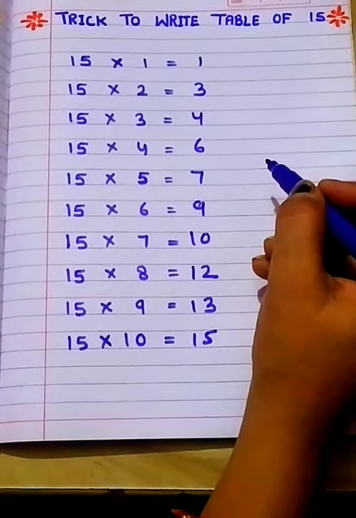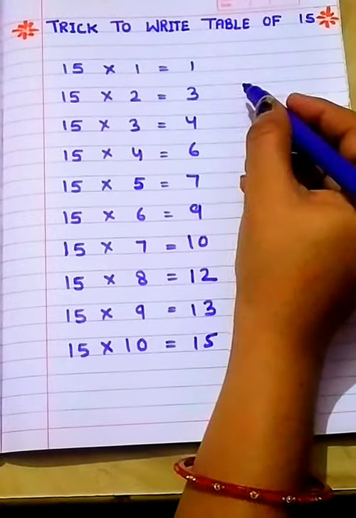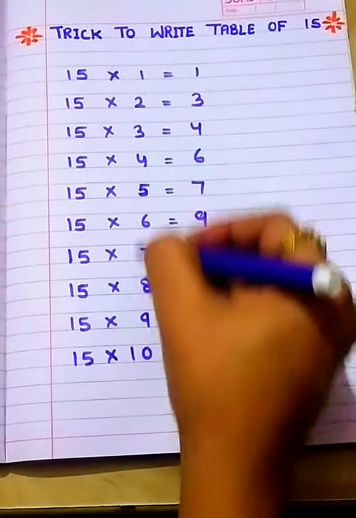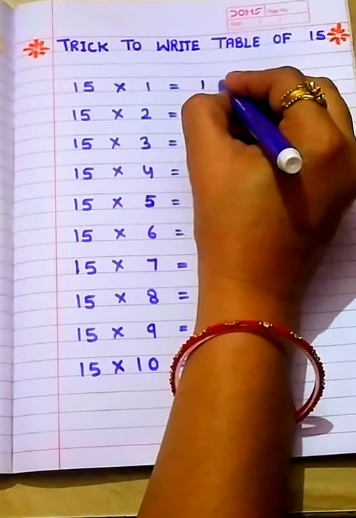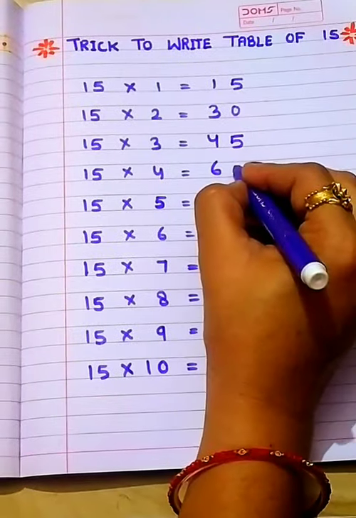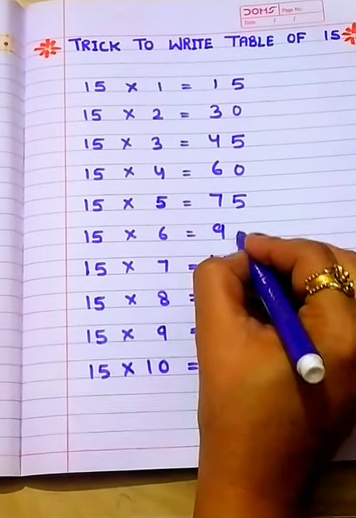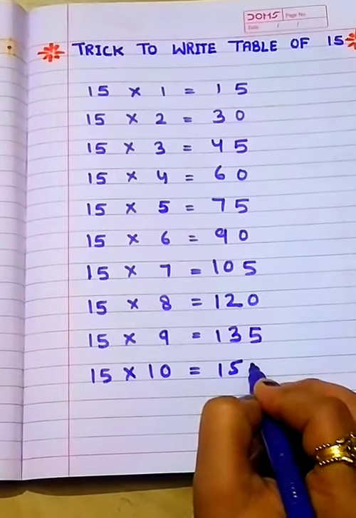After that we will write 5 and 0 one by one, 1 to 10. First write 5, then write 0. Then write 5, then write 0, 5, 0, 5, 0, 5, 0.